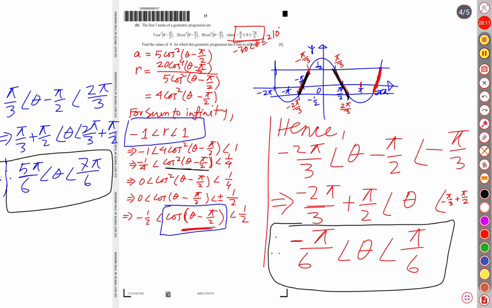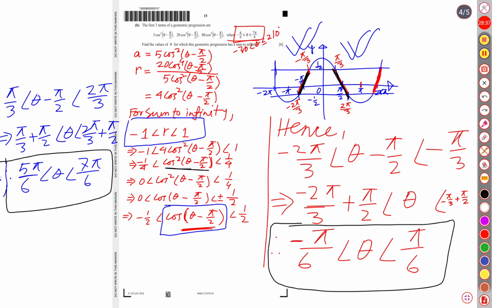For that, we have drawn a cosine graph, and the cosine graph is symmetrical about the y-axis. That's why our range is half. So half occurs when theta is pi over 3, meaning 60 degrees, because cos 60 degrees is equal to half. So definitely it is pi over 3, and as this is symmetrical, it will be negative pi over 3.